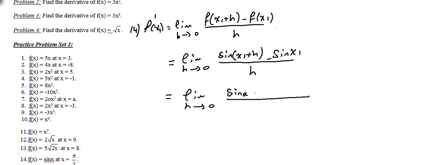It's sine a cosine b plus sine b cosine a. This is not b, this is h actually.